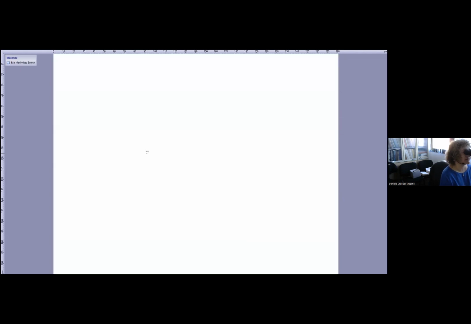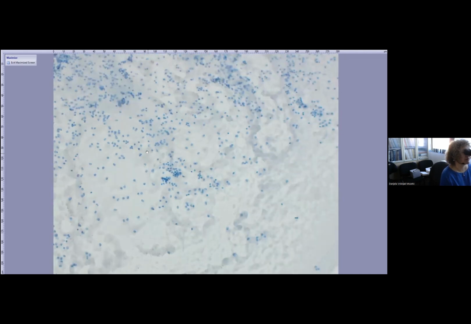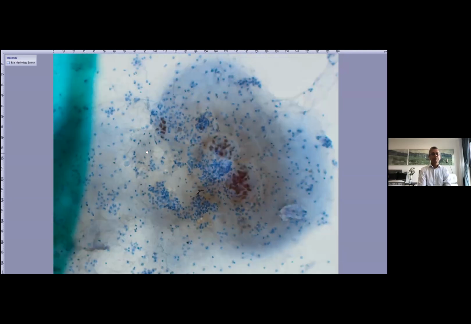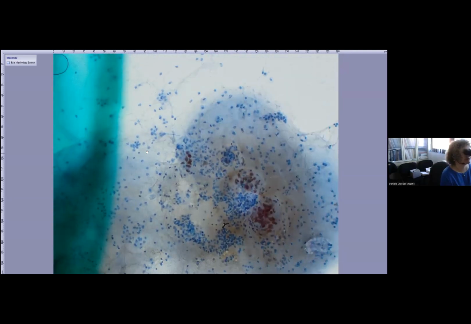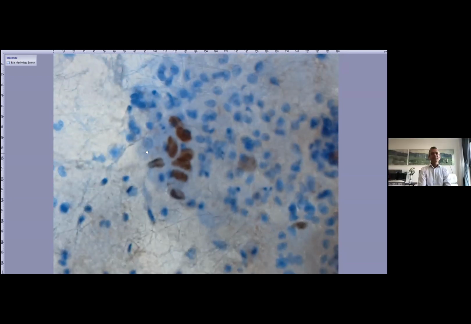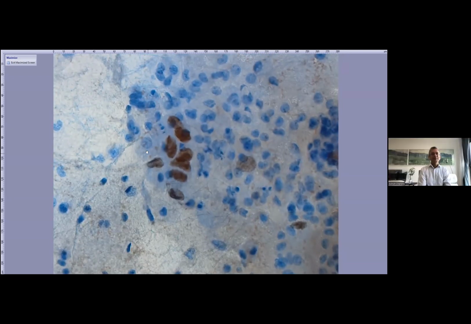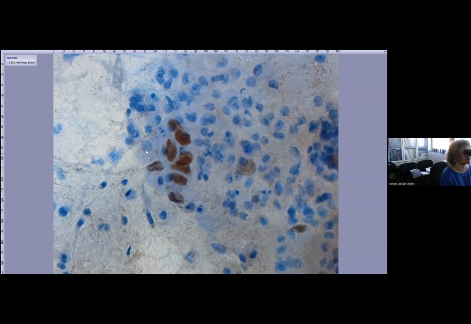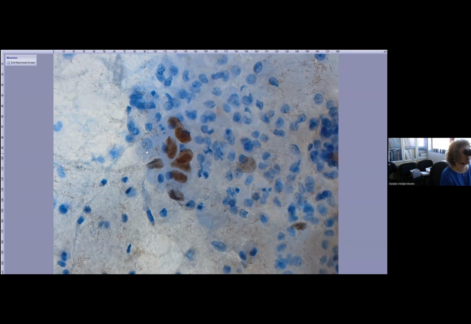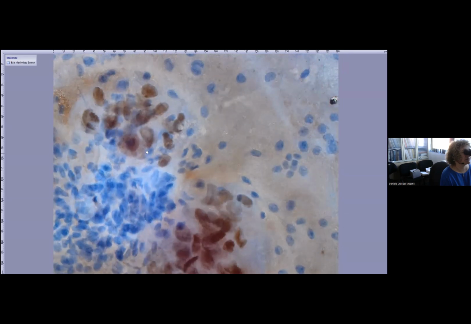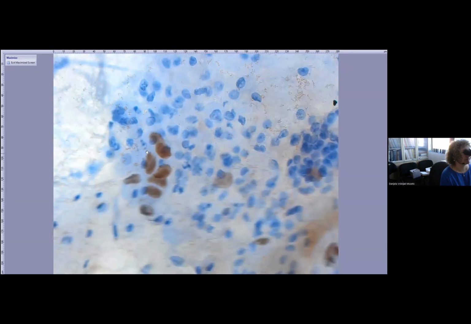So I think I have it photographed. So here we have, that's much better. I didn't find it at once. Okay, this is totally clear that we have nuclear staining on cytology, because we validated all the most frequent antibodies that we use on the cytology.